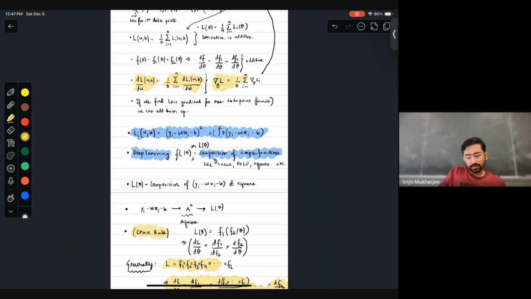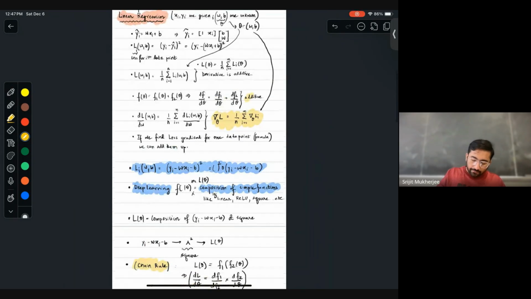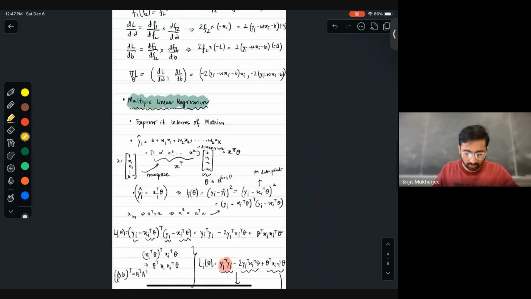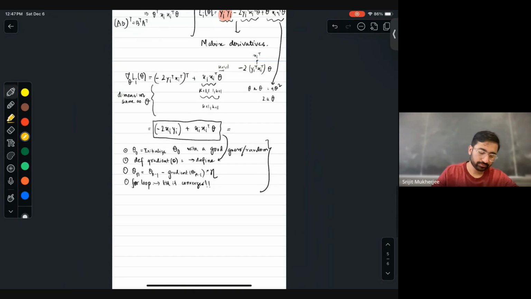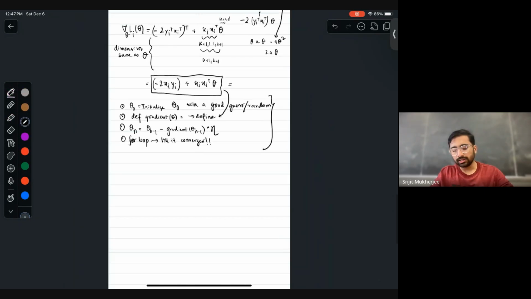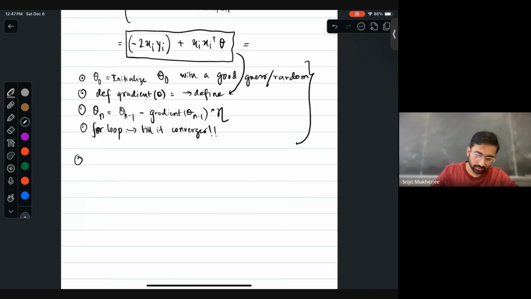So this is the important idea, rather additivity. So we have now learned how to find this. This is an example. So similarly, you can do it for logistic regression.